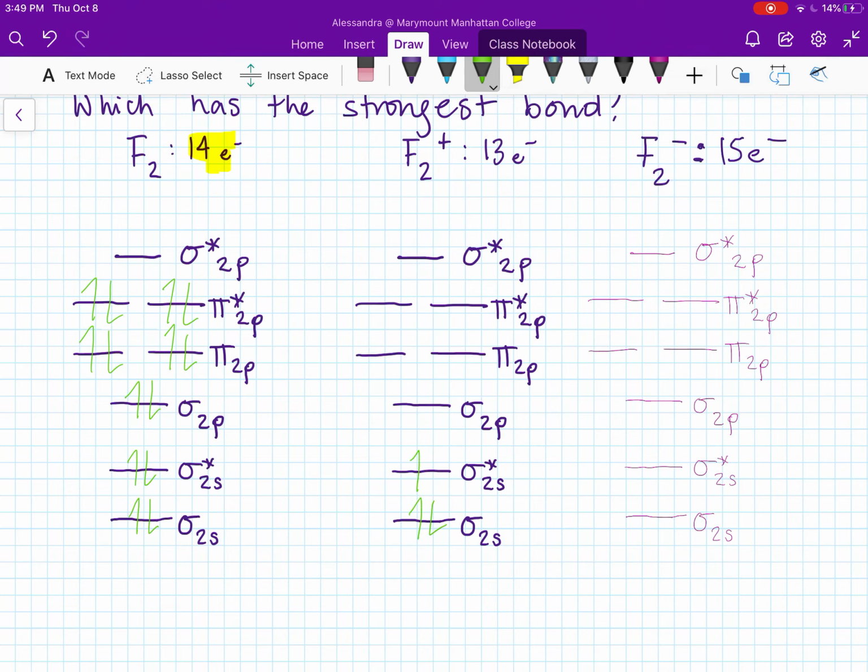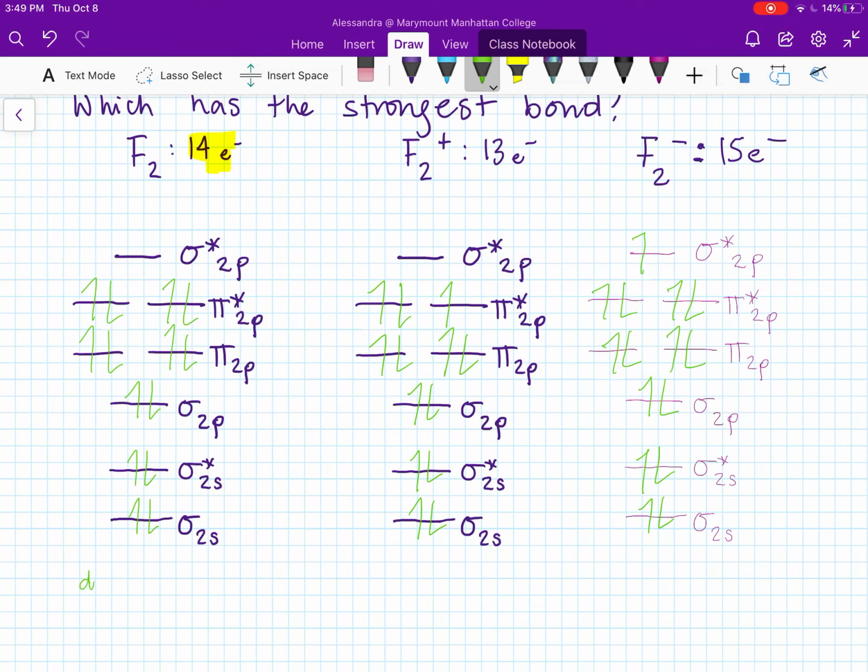For the F2 plus, we're just going to be missing one of the electrons. 11, 12, 13. So there we have one electron that's unpaired. Finally, for the F2 minus, we're going to have 15 electrons, 1 through 15.